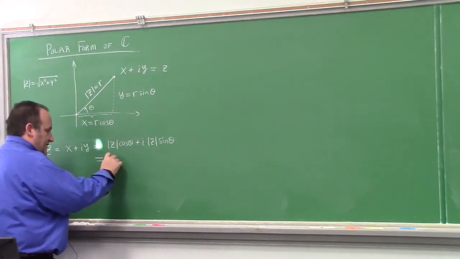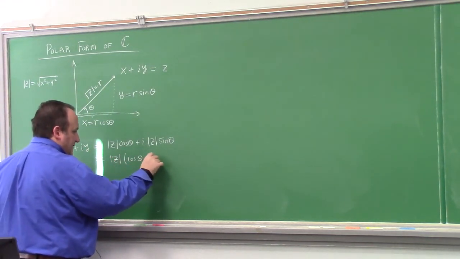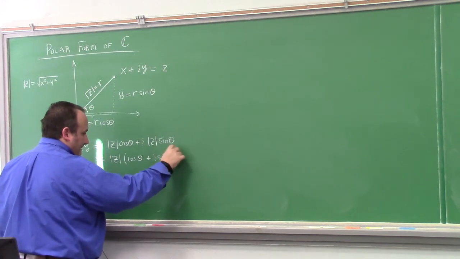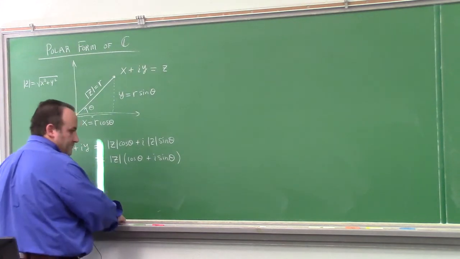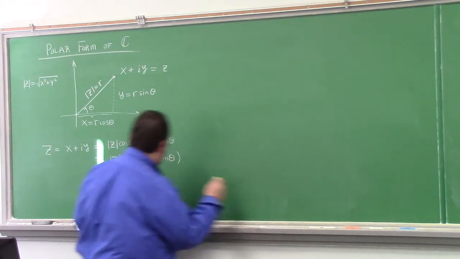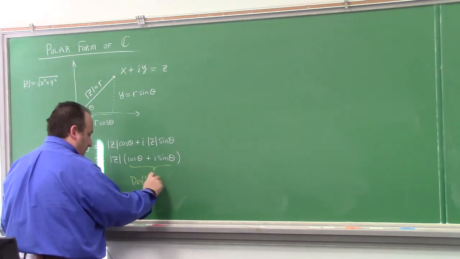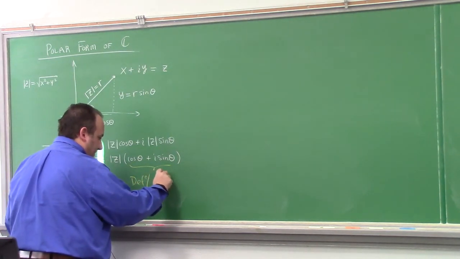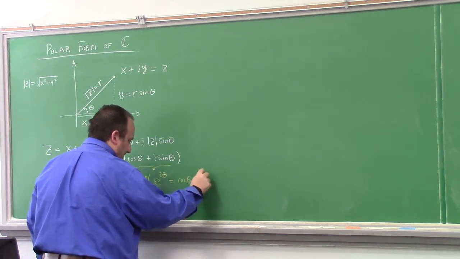So we got the magnitude of z times cosine theta plus i sine theta. All right. And of course, you could write that as r if you like. So here's a definition. e to the i theta is cosine theta plus i sine theta.